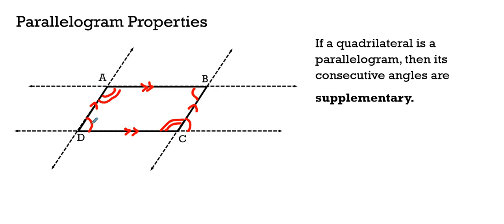Again, one way to name same side interior angles, which angle D and angle A are, if we're just using the names from the parallelogram, these are same side interior, or like some books call them, I think our book calls them consecutive interior angles, and they're supplementary. We already kind of know that property.